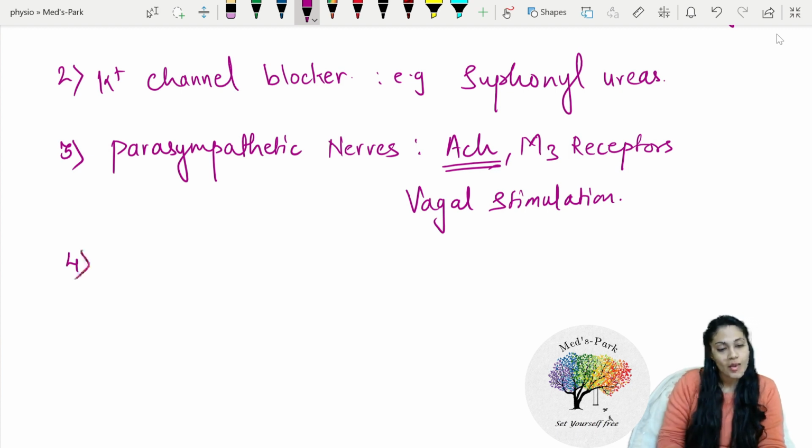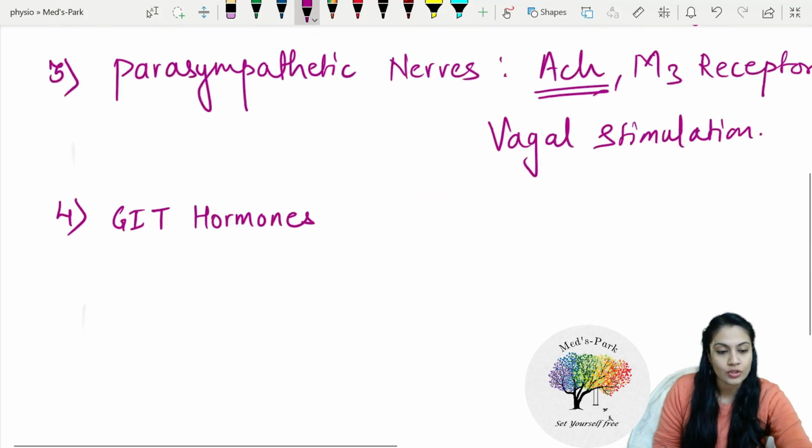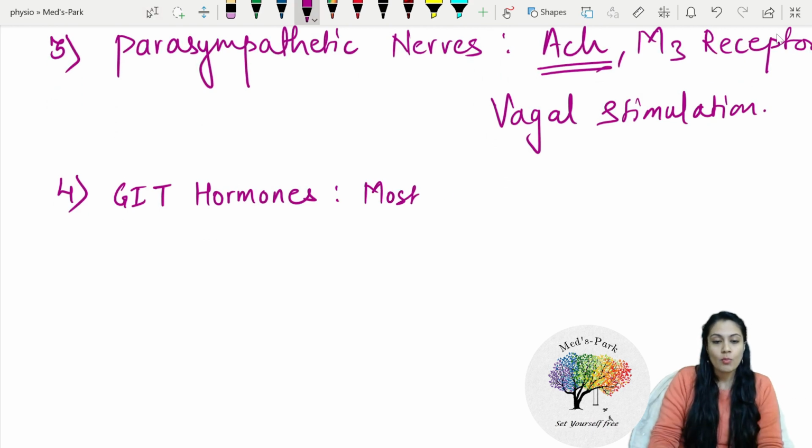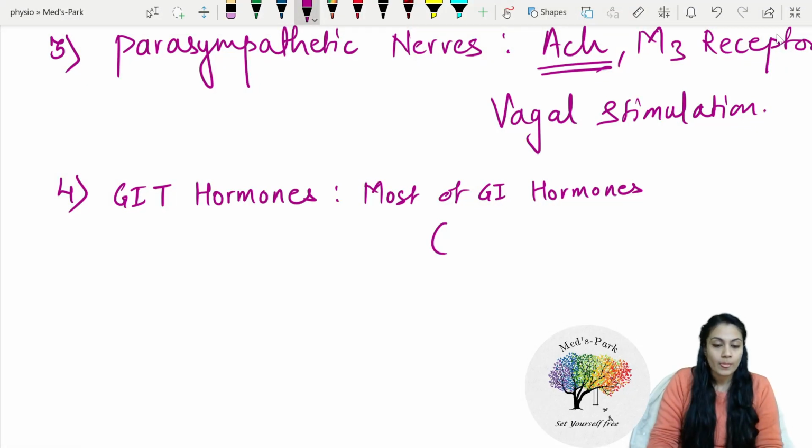Then we have GI hormones or GIT hormones. Any example of a GIT hormone? I can write most of the gastrointestinal hormones, or most of the intestinal hormones.